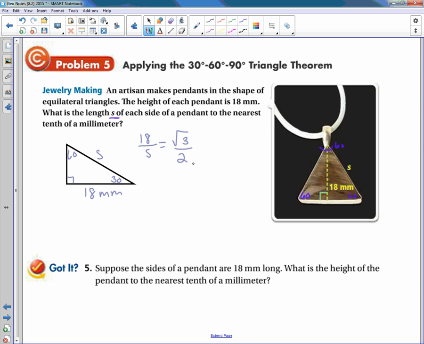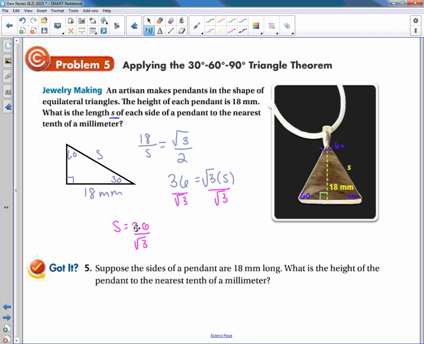So I'll cross multiply here, and I get 18 times 2 will give me 36 equals the square root of 3 times s. So I'm going to divide by the square root of 3, and s will equal 36 over the square root of 3.